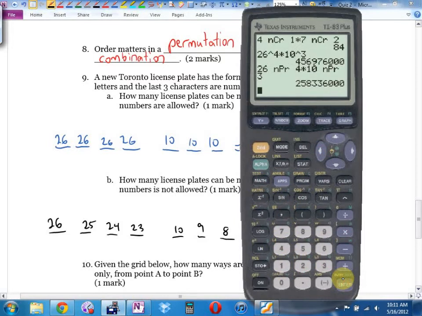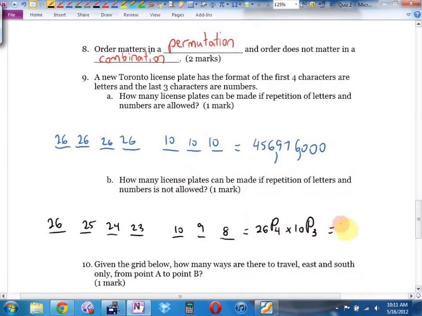You get 258,336,000. That's how many don't repeat. Hey, how can I figure out how many repeat? Subtract those 2 numbers for what it's worth.